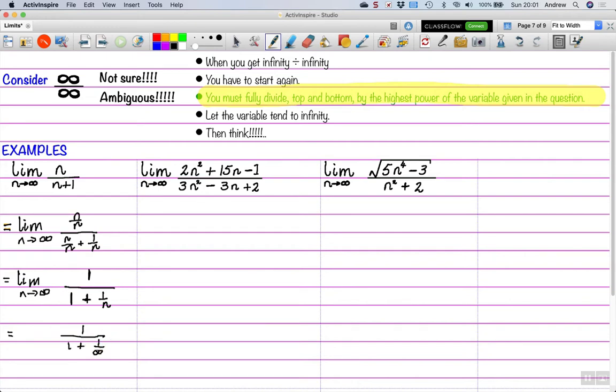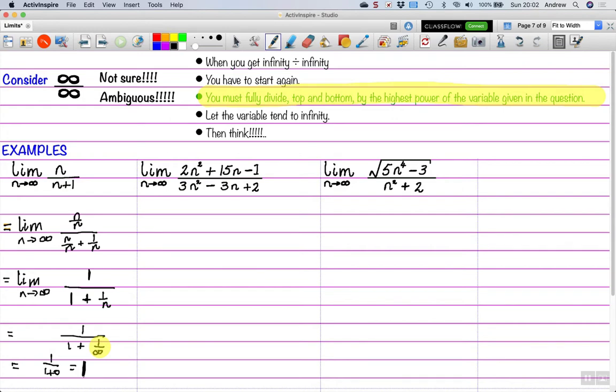Well, we know from the previous page that 1 over infinity is in fact equal to 0. So we're going to have 1 over 1 plus 0. The answer is going to be 1 over 1, and the answer is going to be 1.